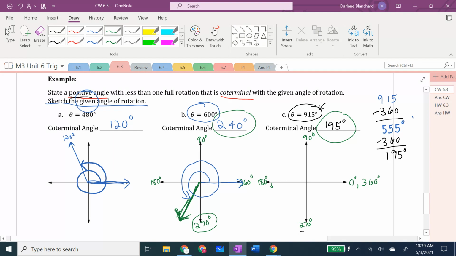What is, how much is 195 over 180? 15 degrees over 180. So you want to think about how much is 15 degrees. And one way you can look at it is, I get 30 degrees when I cut this up into thirds, and 15 degrees is half of 30. So I'm cutting these in half again. And again, I am not doing the ideal job at drawing these.